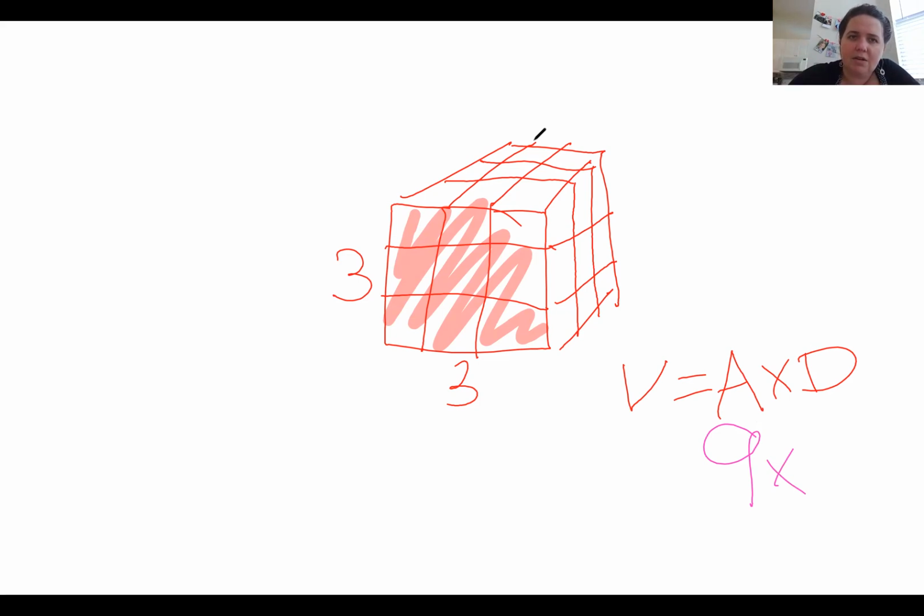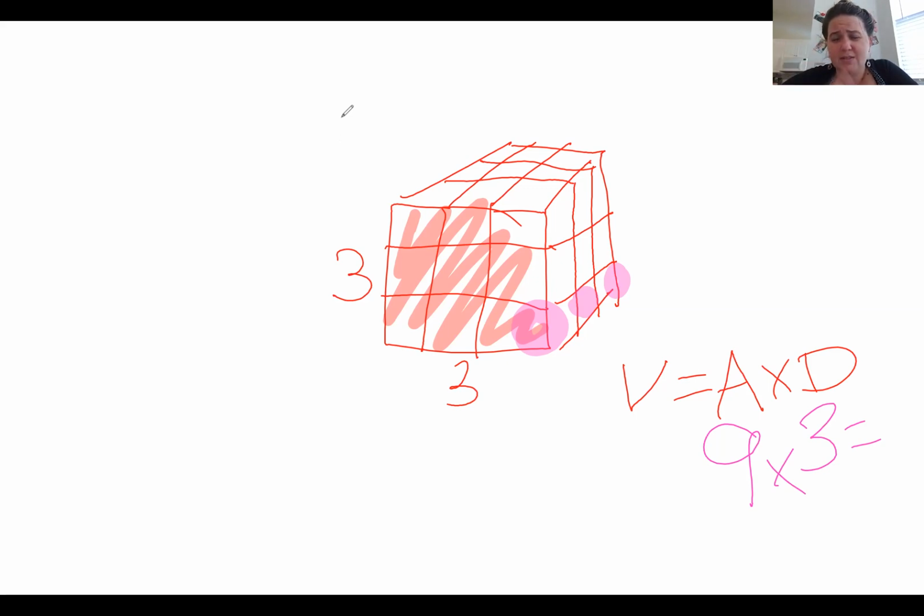Remember, that's how many layers. Depth means layers. So I see 1 layer, 2 layers, 3 layers. 9 times 3: 9, 18, and 27.